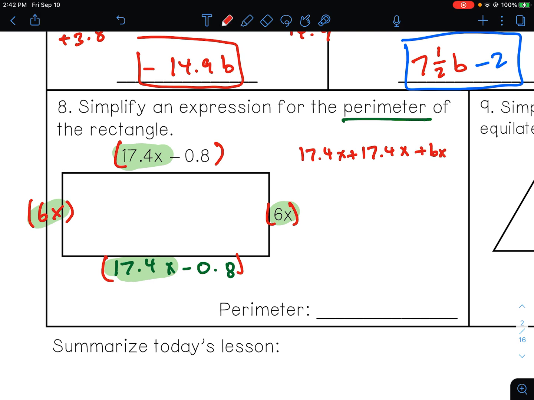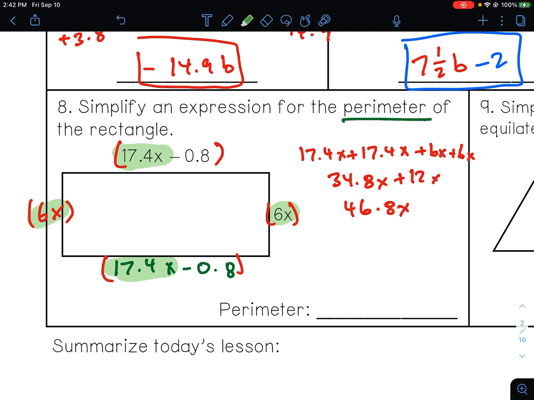Well, I know 6x plus 6x is 12x. And 17.4 plus 17.4 is 34.8. So 34.8x plus 12x is 46.8x.